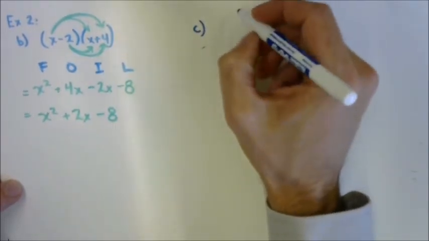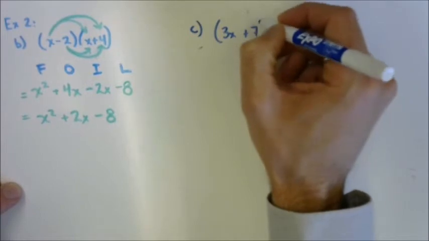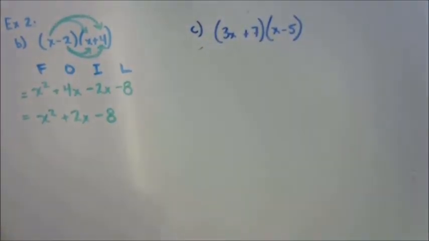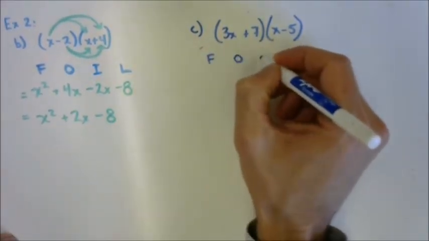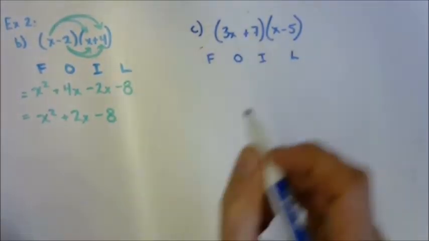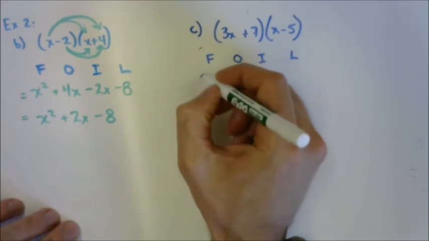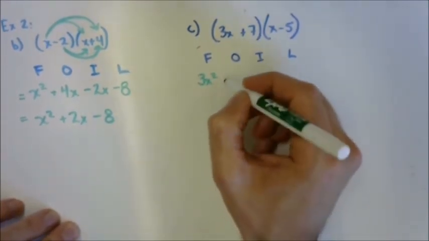In C, you're doing 3x plus 7 times x minus 5. And again, I'm going to write FOIL so that I get all of my terms and I make sure I do it properly. Go ahead and do first times first. Then outside times outside.